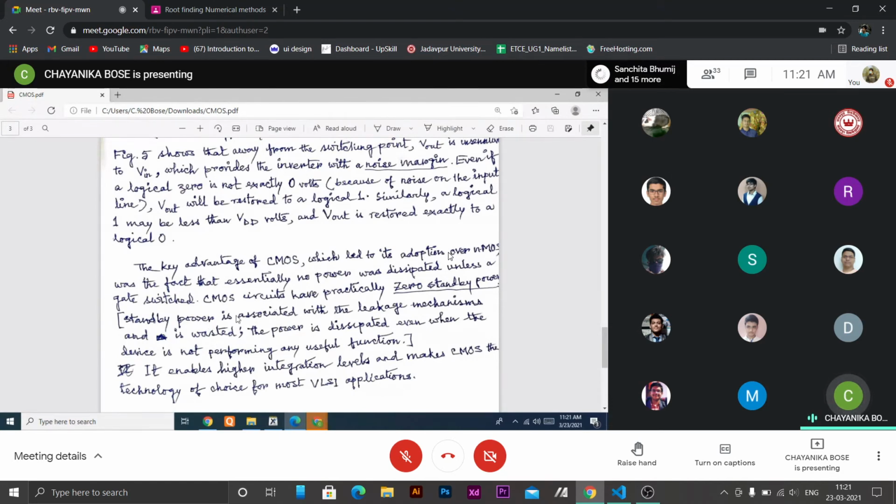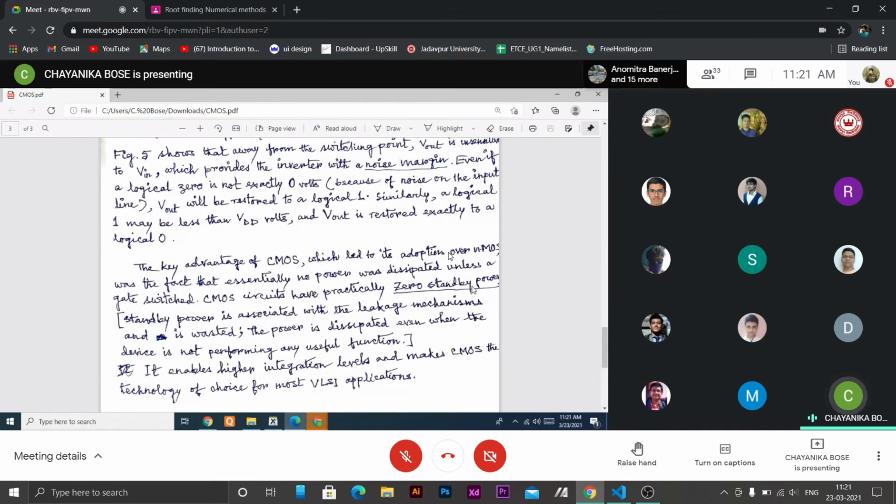In a good system we will always try to minimize this leakage mechanism. So the power is dissipated even when the device is not performing any useful function. In our case, CMOS circuits have practically zero standby power, because in either the on or off state, which we call the information state, one switch is off and the other is on.